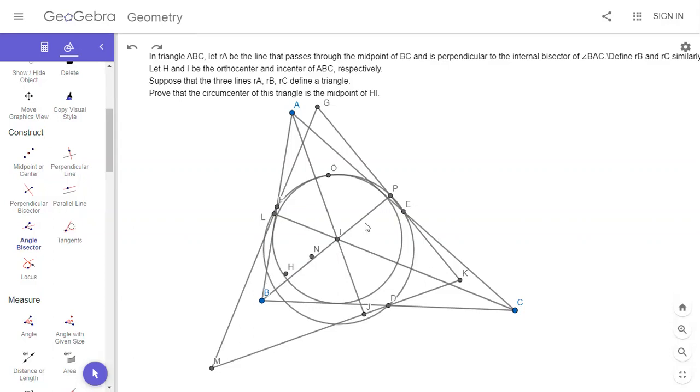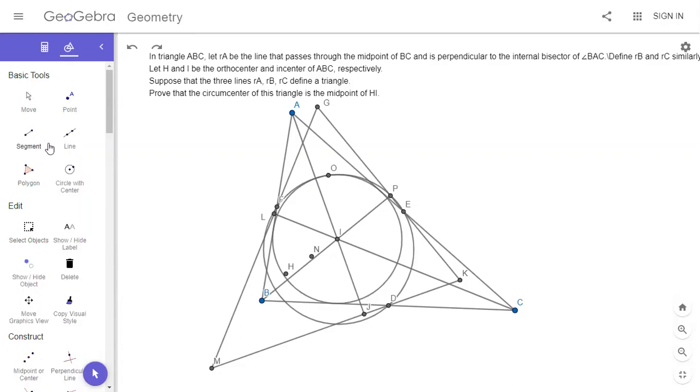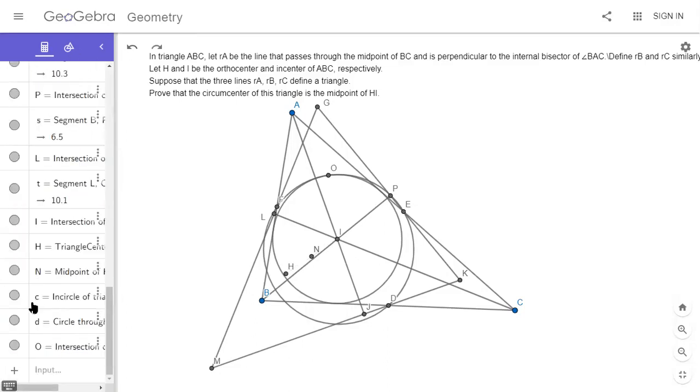So we want to show the midpoint of HI is the same distance from M, K, and N, right? Let me draw the 9-point center.